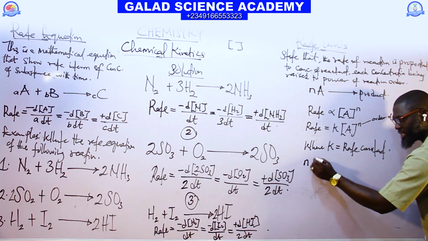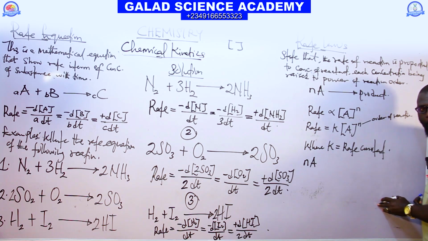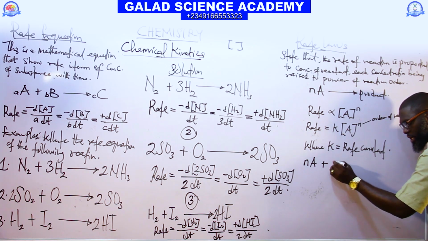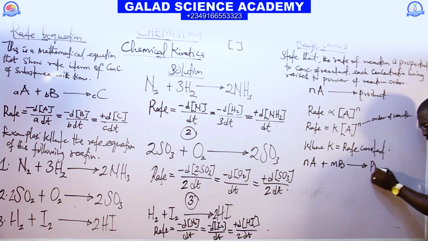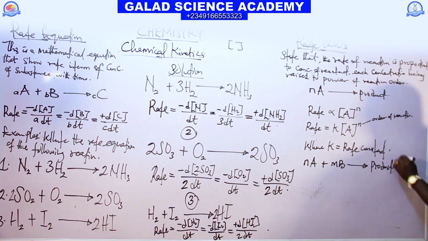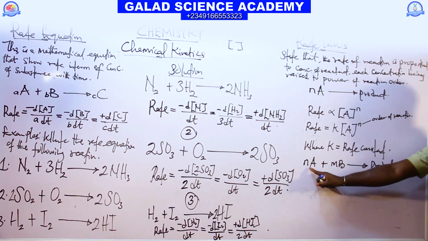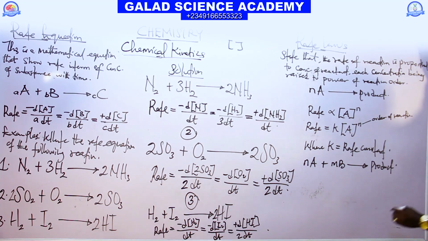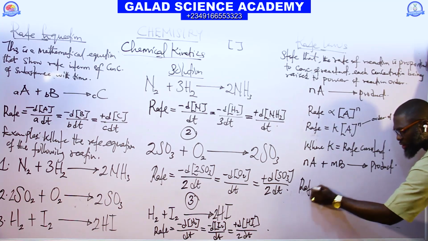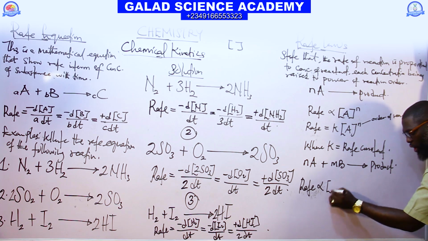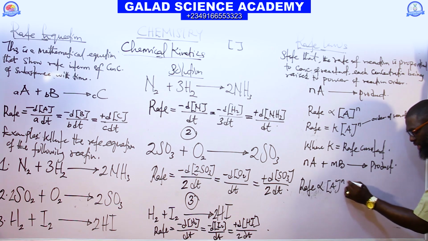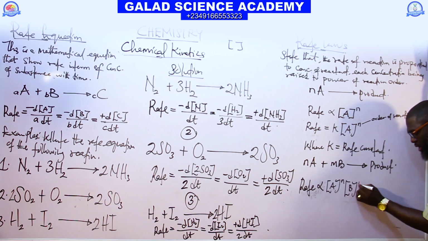But assume we have a reaction nA plus mB giving us product. How are we going to write the rate law for this reaction? So the rate law for this reaction will be proportional to the concentration of A, raised to n, and the concentration of B, raised to m.